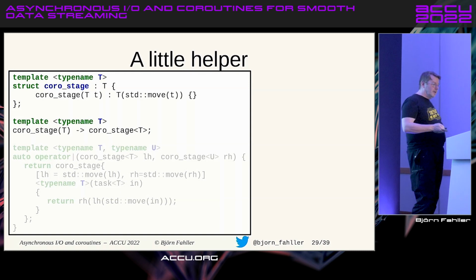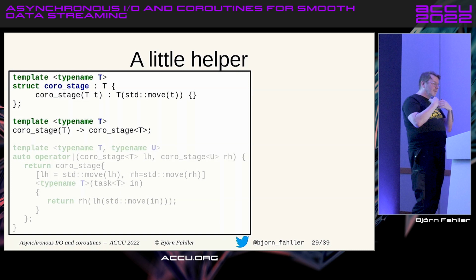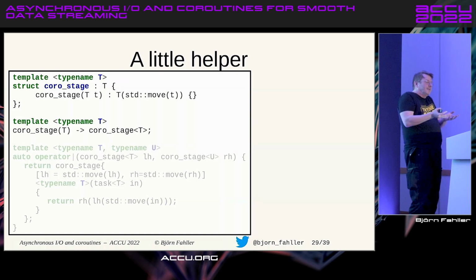And in this case, I'm using Coro stage for my lambdas that have a function call operator, which means that the function call operator of the lambda is inherited by the Coro stage. So I have it there.